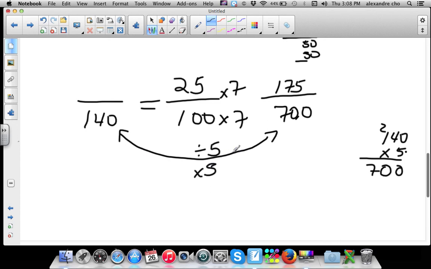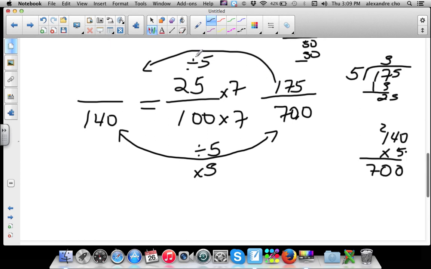If you're going the other way, it's divided by 5. Since we're going this way, it's divided by 5. And 175 divided by 5 is 35.